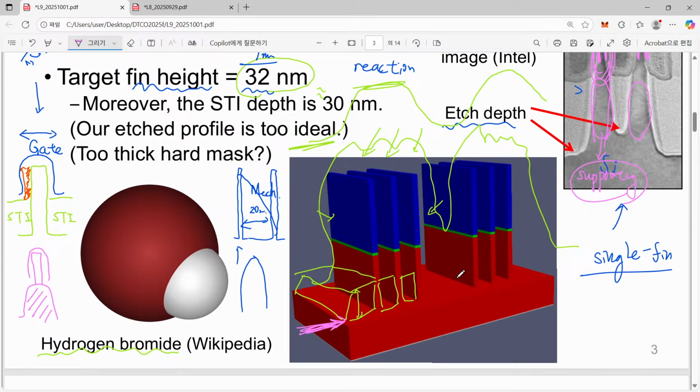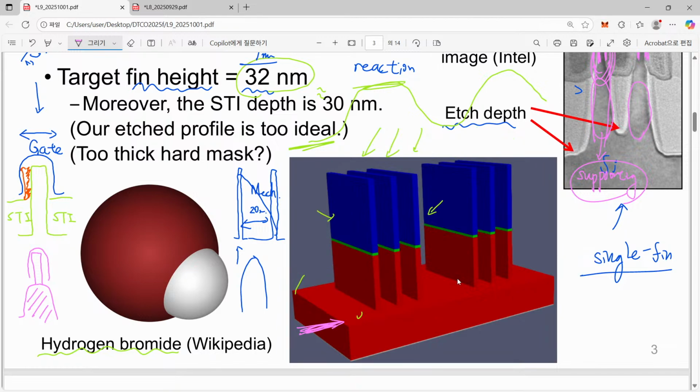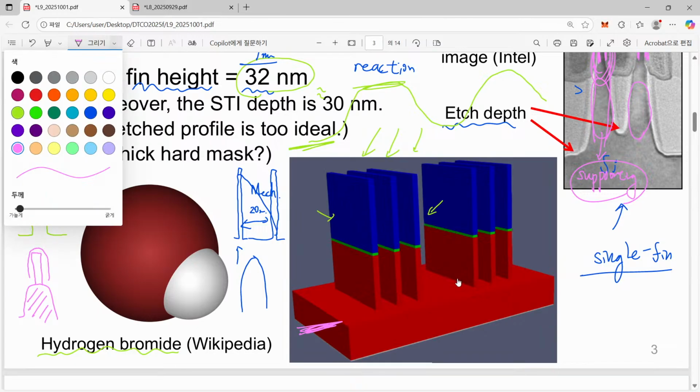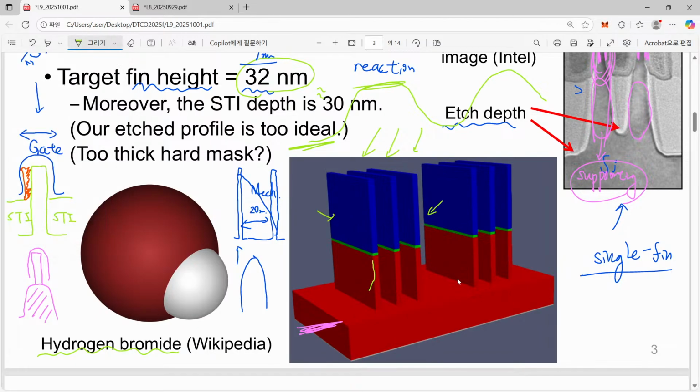So right now our shape looks like this, but it is clear that if we can have a structure like this, it would be much better for the stability of our fins.